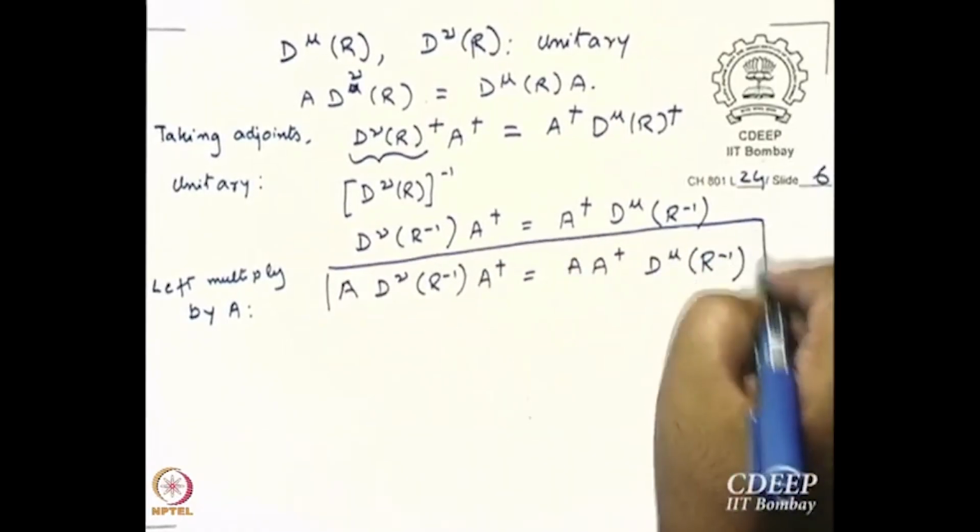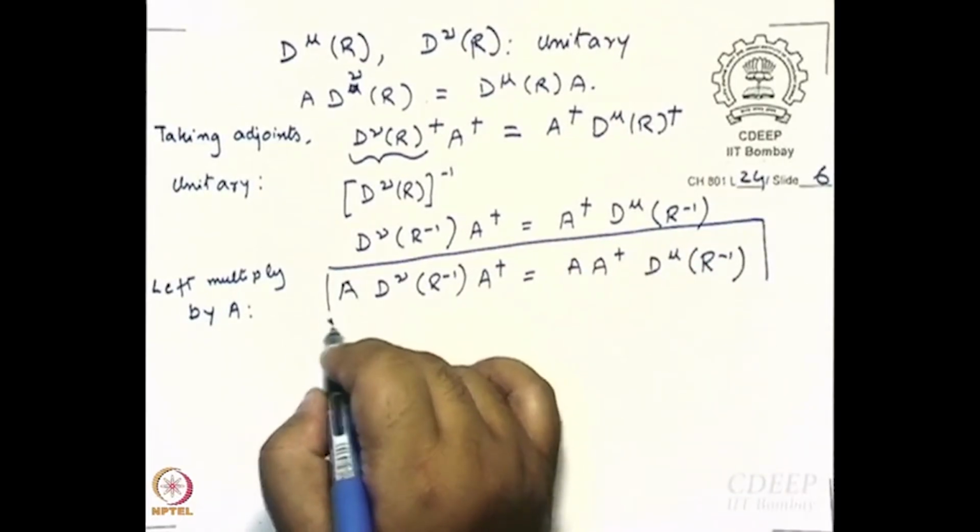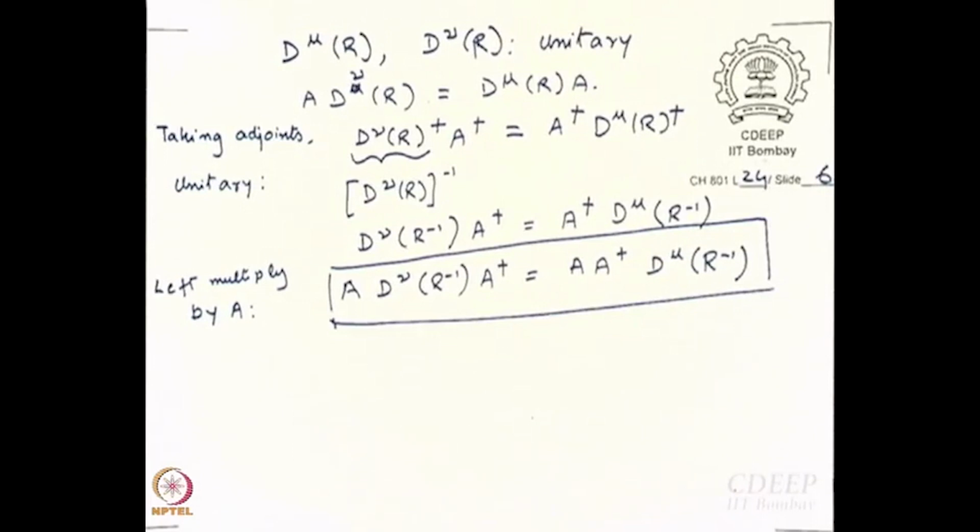So this is where we have reached. We have to remember this. A d nu R inverse A dagger is equal to A dagger d mu R inverse. Okay. Now we have started from R and we have reached R inverse. Right. Another way of doing that would be from here.